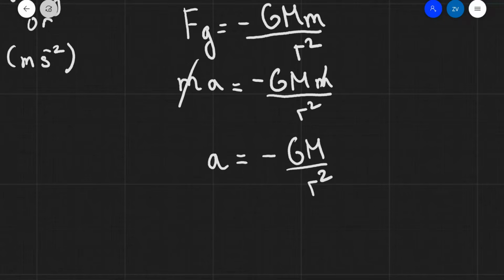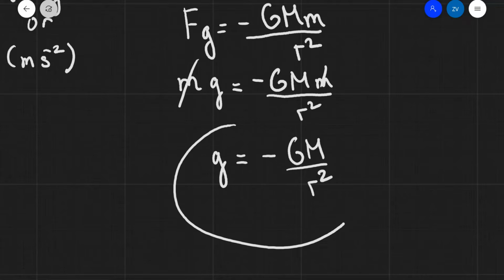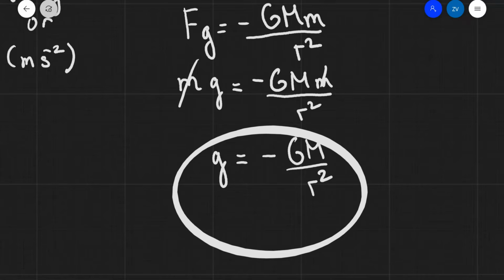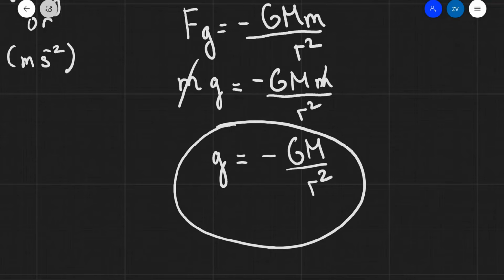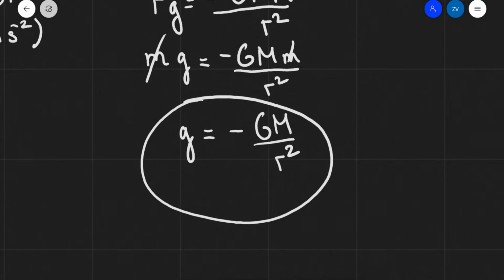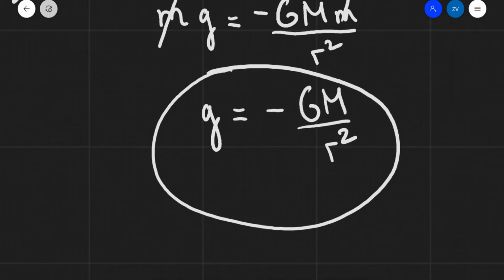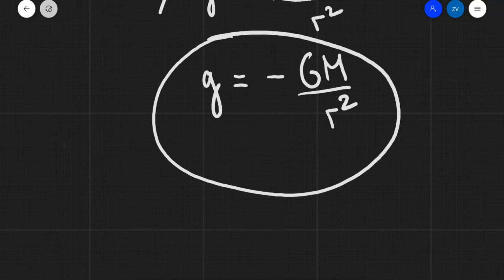Now, because this is gravitational acceleration, often we don't call it a, but we just give it the letter g. And this over here is the formula for gravitational acceleration. Please remember that gravitational acceleration is one way of measuring the gravitational field strength, and this formula over here really is a formula for the gravitational field strength.